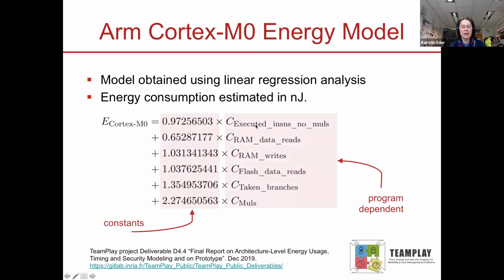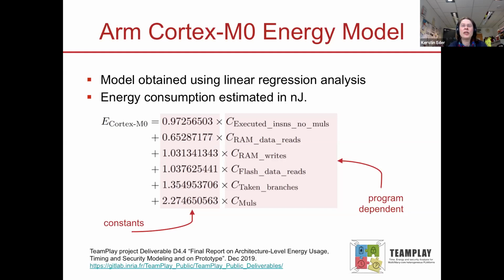Right? So given a program, I get the machine code. That machine code I get through the Thumbulator. The Thumbulator gives me values for all of these counters in the model. And based on those values, and given the constants, I can then calculate how much energy is consumed for the execution of this program. Okay, so this is the energy model that we are currently using.